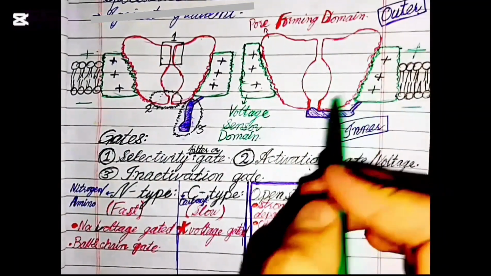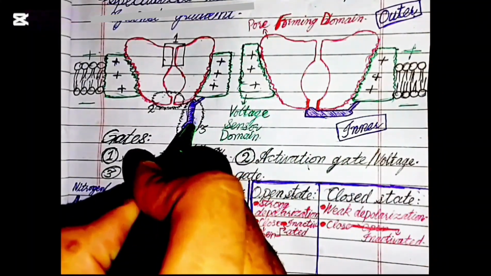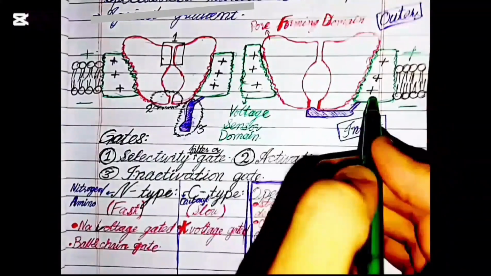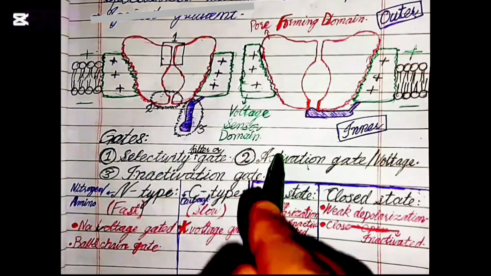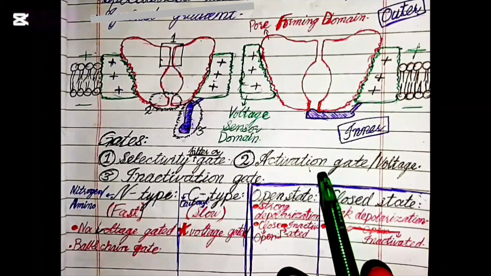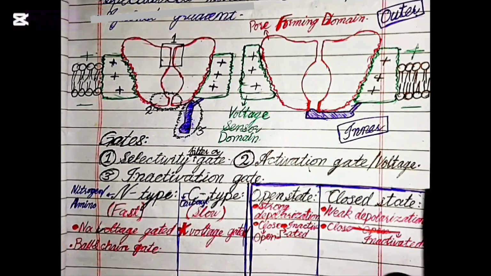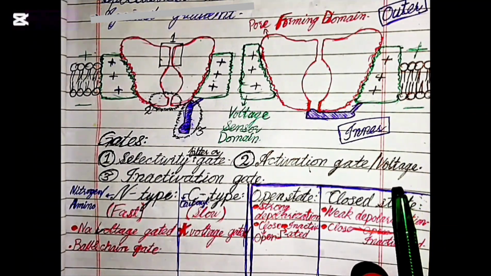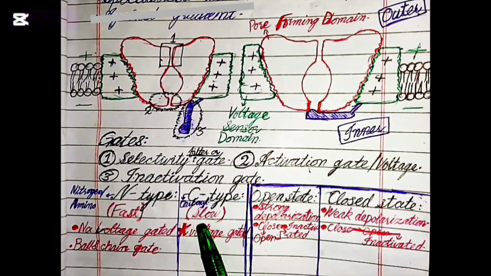Also the inactivation gate goes to its original position, and the activation gate closes by the pull of the voltage sensors. The N-type example is the sodium voltage gated channel, which is the fastest compared to potassium and calcium. It is an example of N-type inactivation gate.